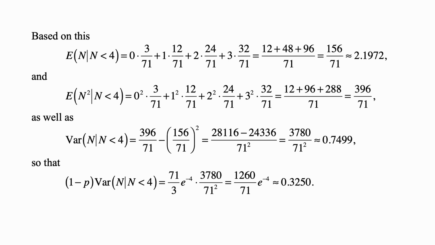So 1 minus p times variance of N, given that N is less than 4, is 71 over 3 times e to the minus 4, which was 1 minus p, times 3780 over 71 squared. This ends up being 1260 over 71 times e to the minus 4. That's approximately 0.3250.